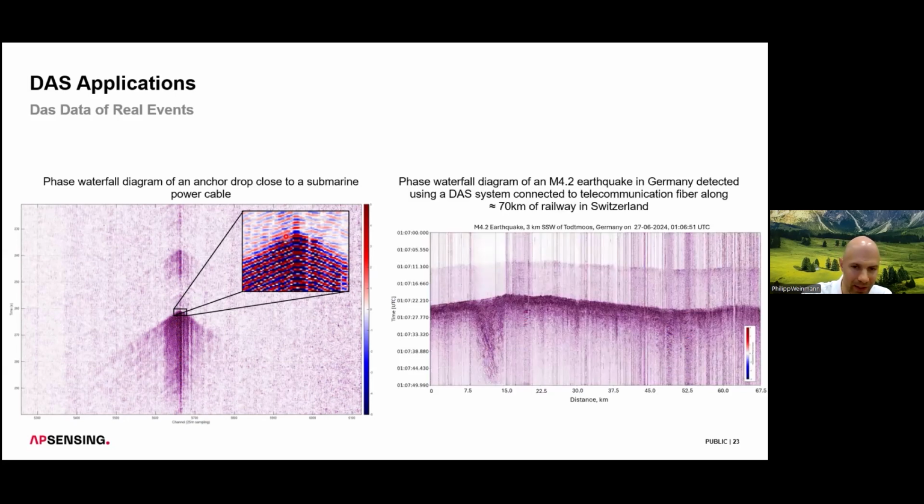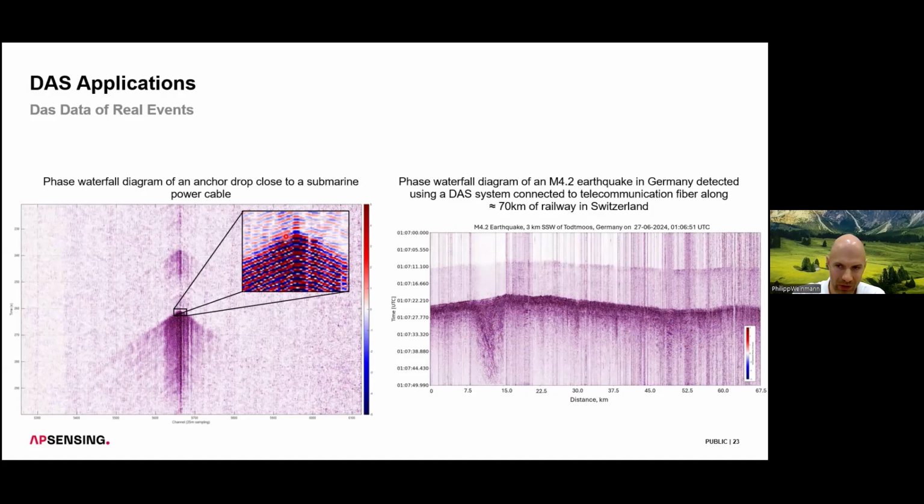Then another example of real events is this phase waterfall diagram, where the DAS system was connected to a glass fiber for train tracking, but then an earthquake occurred, and the DAS system recorded the earthquake.